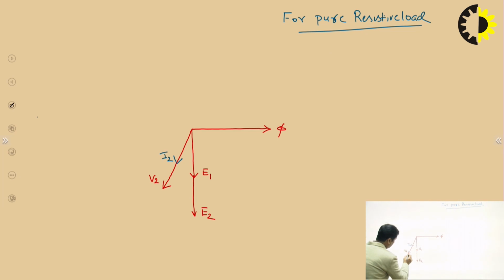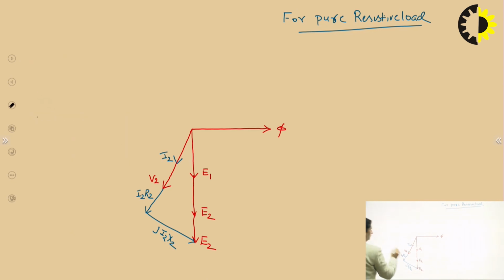So this can be extended like this, I2 R2, and then I2 X2, which is at 90 degrees. This is jI2 X2, and if you extend this part, this is called E2.